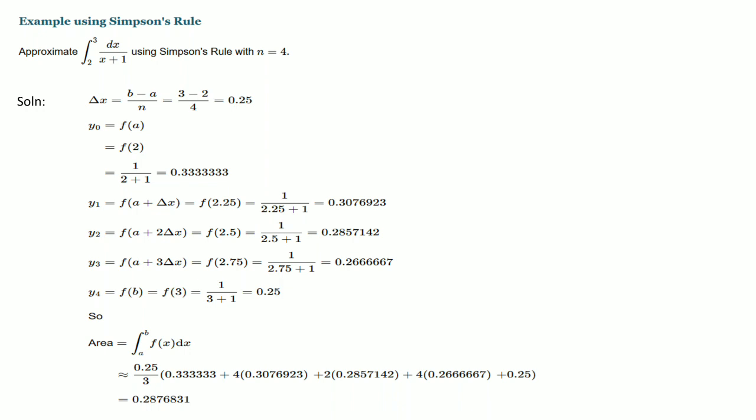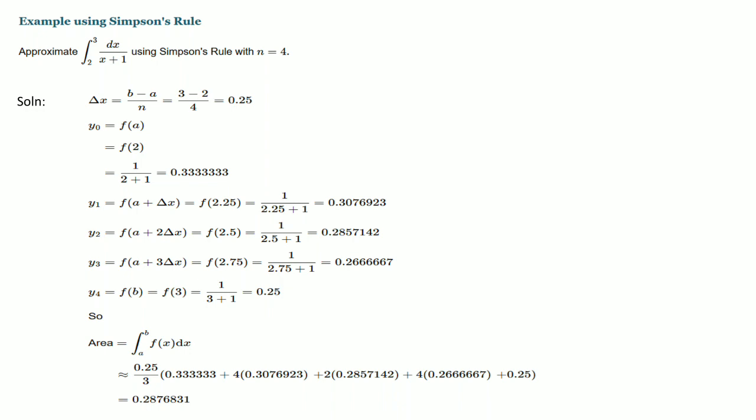So the area, or the integration of this, the answer will be equal to delta x by 3 times the first term plus the last term plus 4 into the addition of all odd terms plus 2 into the addition of all even terms.